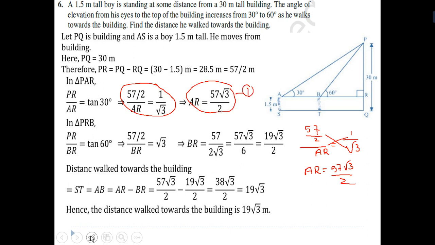Now next what we have to do? Now tan 60 turn is now. So for tan 60 we have to draw one rough diagram. Two triangles we have to draw roughly.